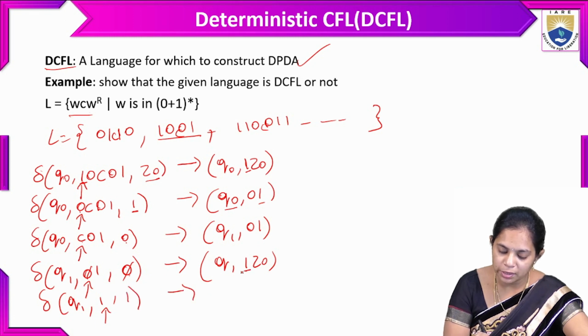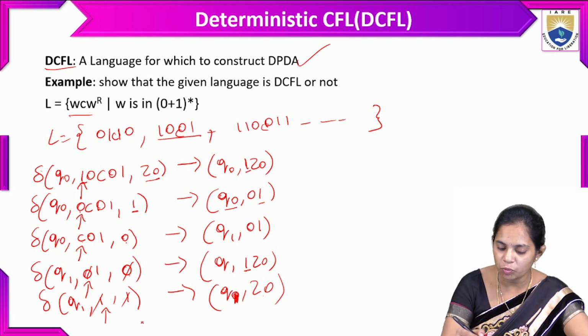So 1 appears, we need to pop this 1, and the next state is Q1 only. Z naught is the top of the stack symbol after popping.